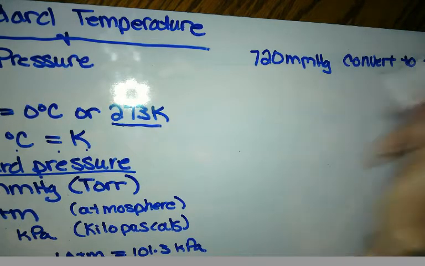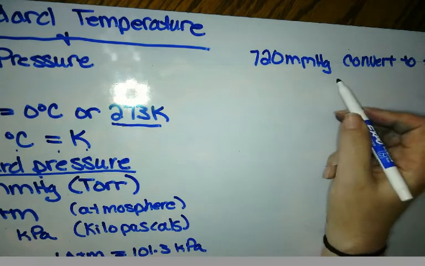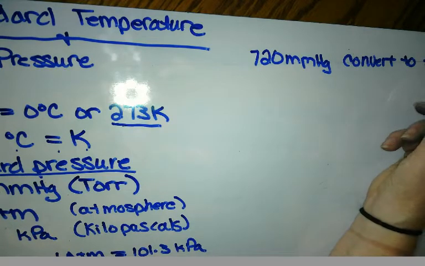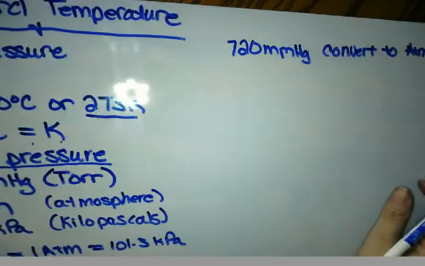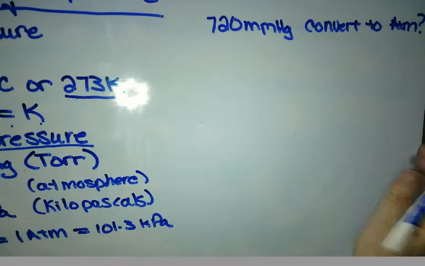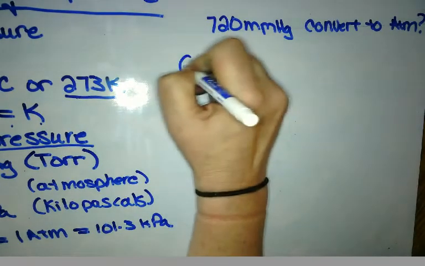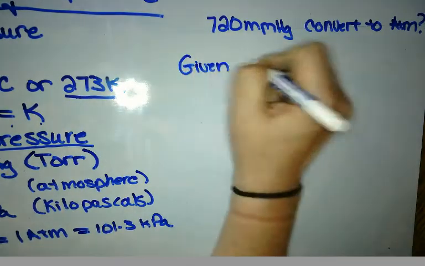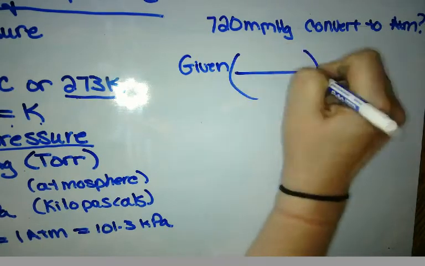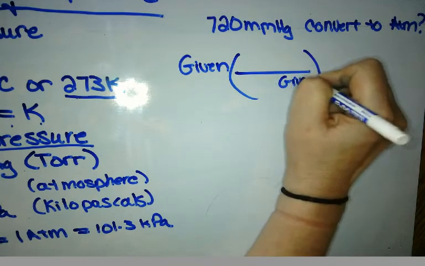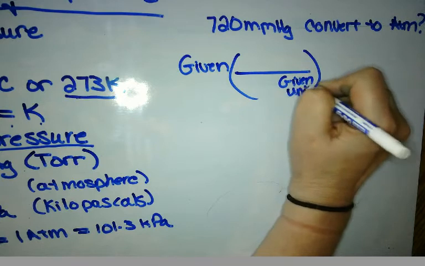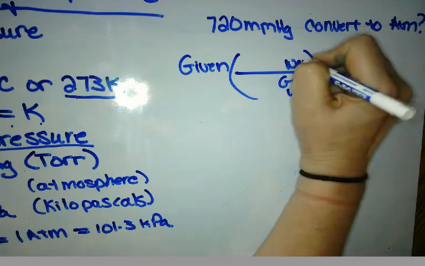Or the question could say 720 millimeters of mercury is how many atmospheres? Well, this is how we always do our math. That was on my board. Remember, we write down my given and then whoop, whoop, given units to wanted units.